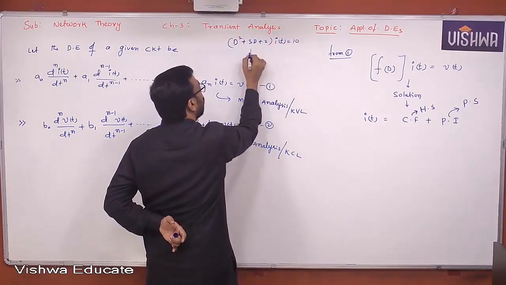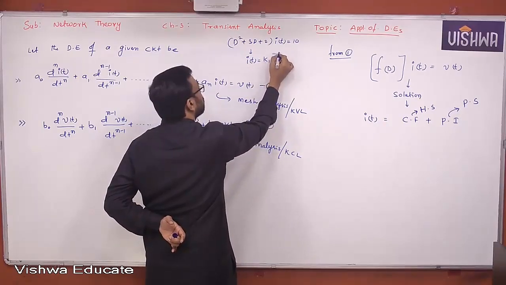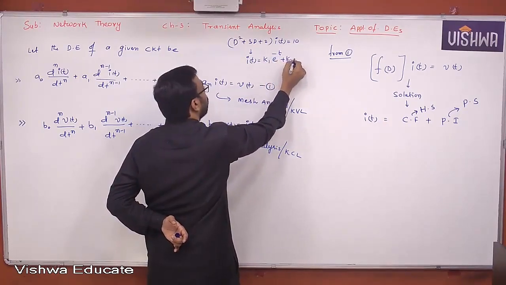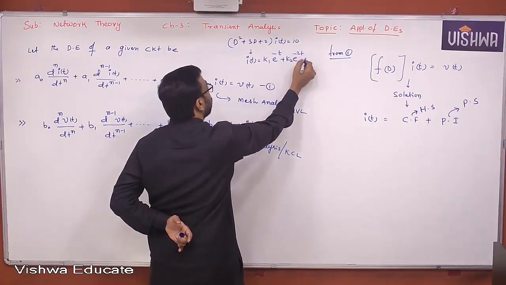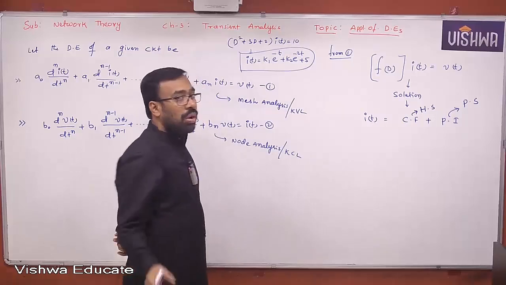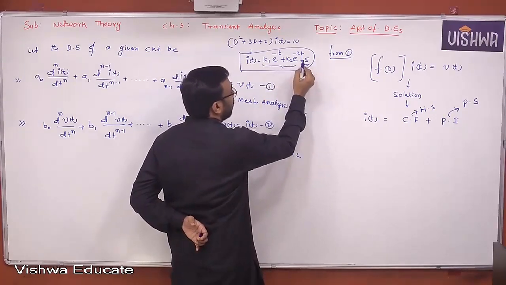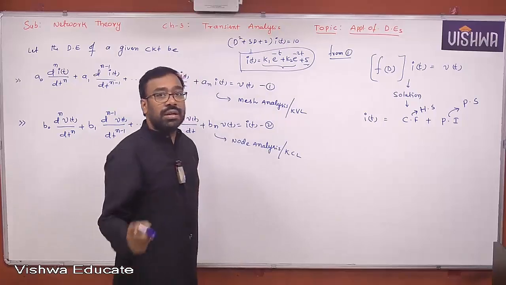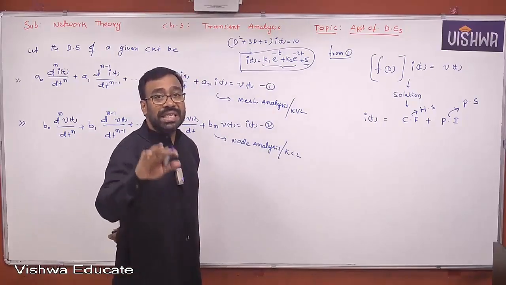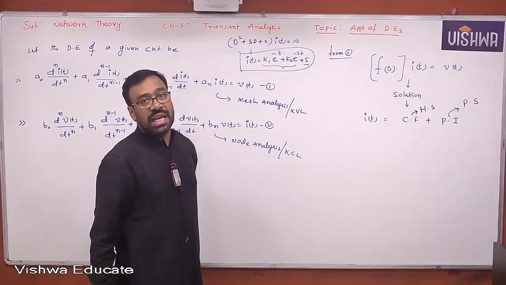And finally, you got the solution I of t will be k1 e power minus t plus k2 e power minus 2t plus 5. This is what the solution you got using complementary function plus particular integral. Combination of these two. This is what you got, complementary function. This is a particular integral you got. The same example I have taken when I explained you the basic concepts of the introduction part of the transient analysis. Understand, all of you?